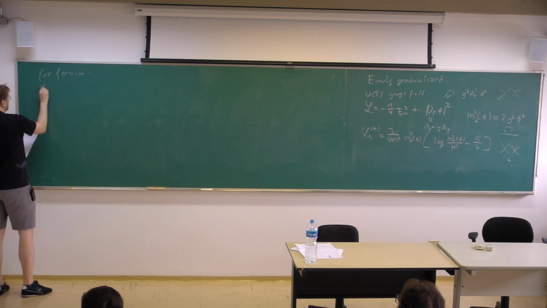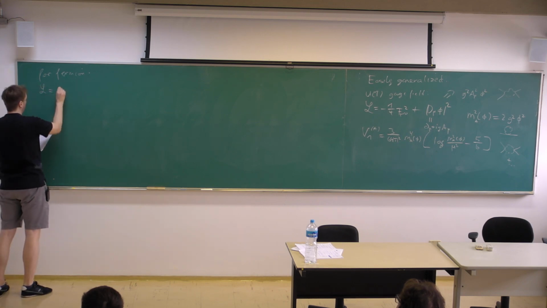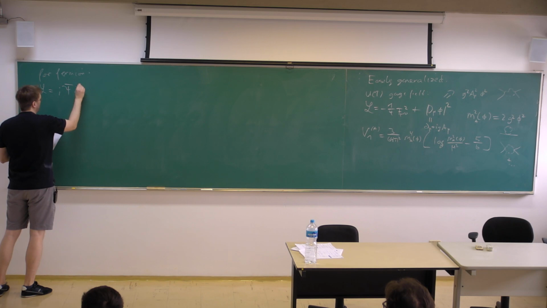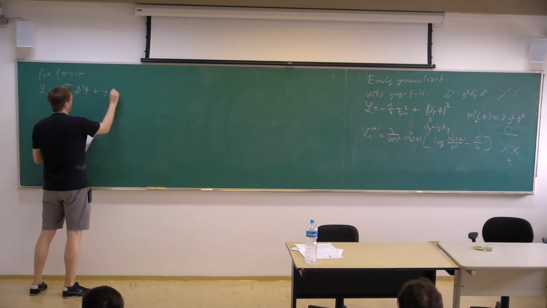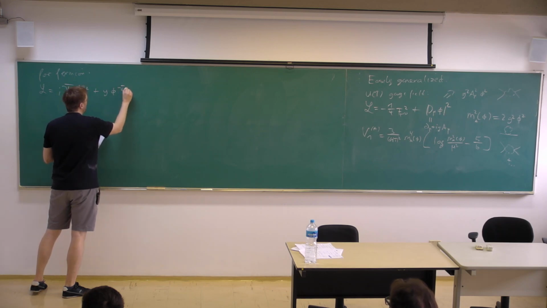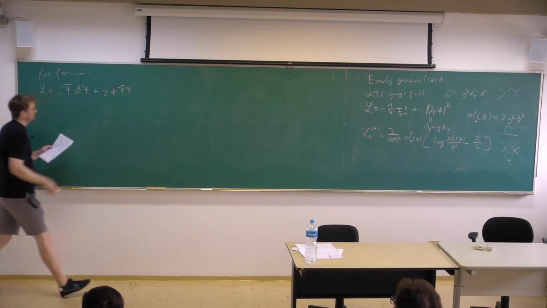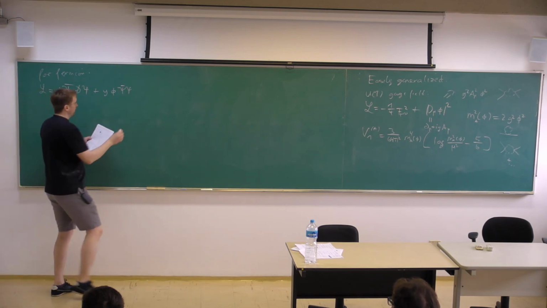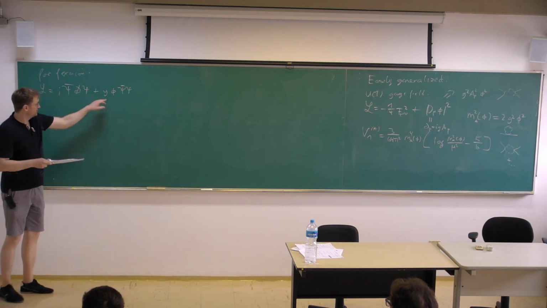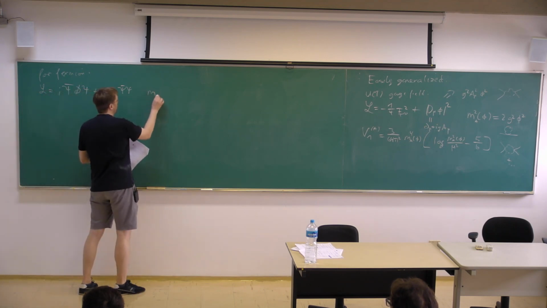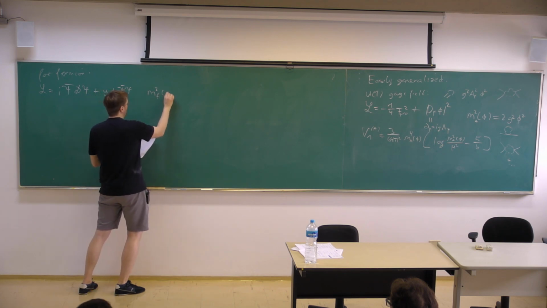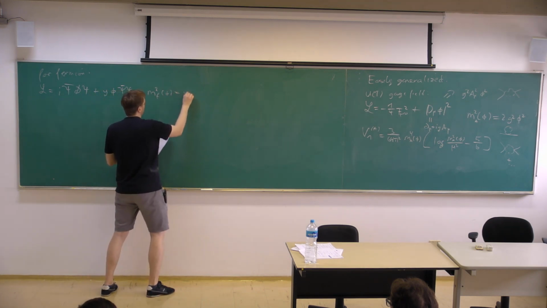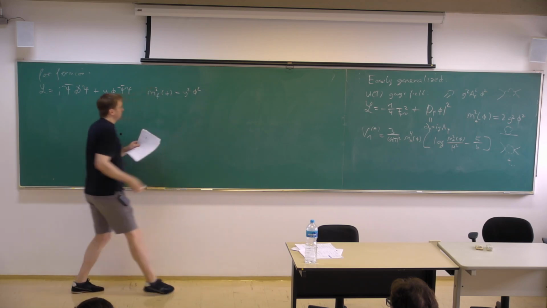So the Lagrangian now is given by this. The kinetic term for the fermion doesn't really matter, and I have a Yukawa coupling to some scalar phi. Again I can define a field-dependent mass. Let's square it because we're always squaring it: M squared of phi is just the Yukawa coupling squared times phi squared, right?